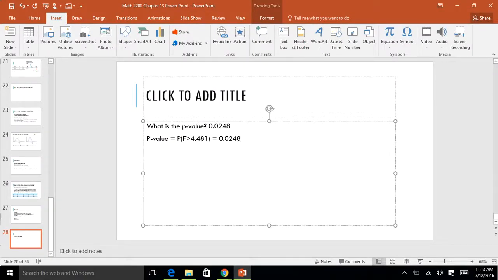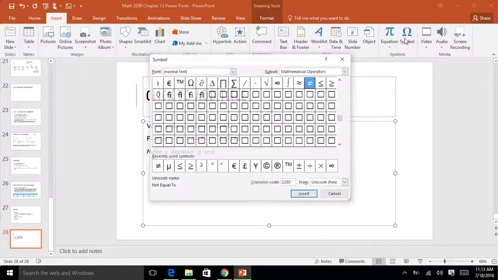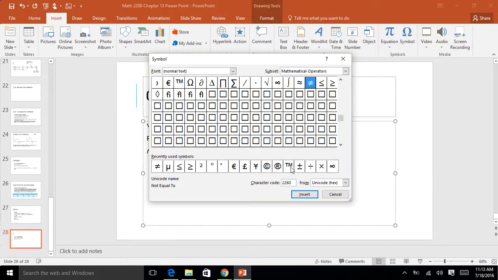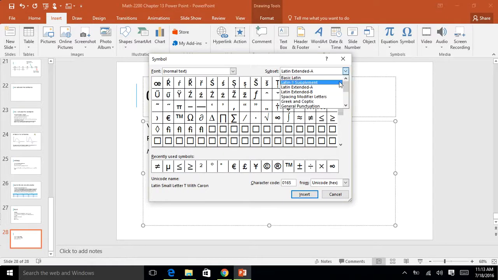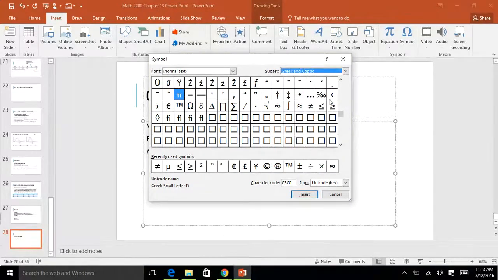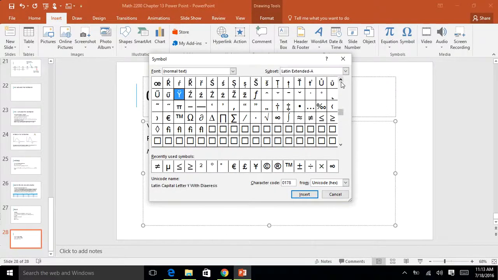Okay, so next part, make a decision. Okay, so what am I going to do? I'm going to look at P and alpha. Let me go up here and grab the little symbol so you know what I'm talking about. Where is my symbol? Get my Greek letters. I can find them.